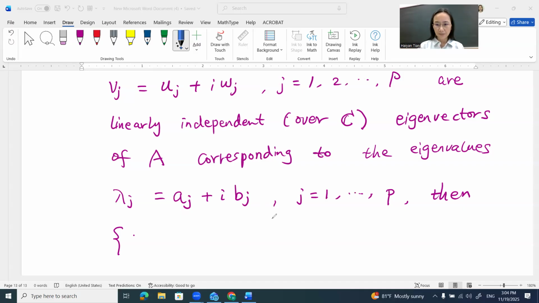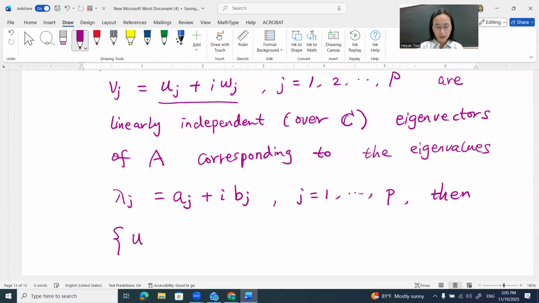Now when we continue, from these independent eigenvectors, we have p, and we can use the real part and imaginary part of the eigenvectors. Here, do you see uj, wj? We actually have real and imaginary parts.